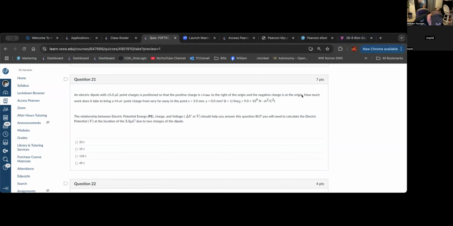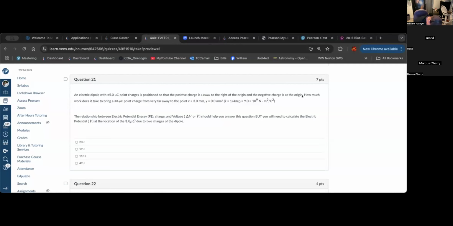Okay, you got this. What it says is an electric dipole with plus or minus 5 microcoulomb point charges is positioned so that the positive charge is 1.0 millimeter to the right of the origin.